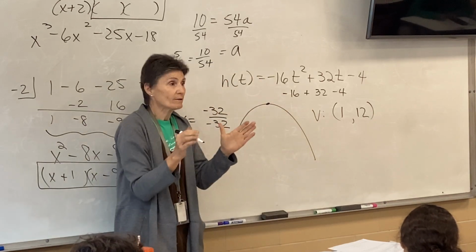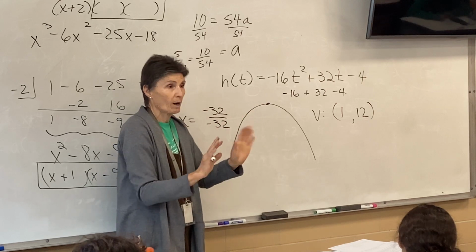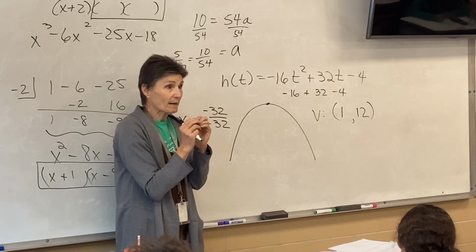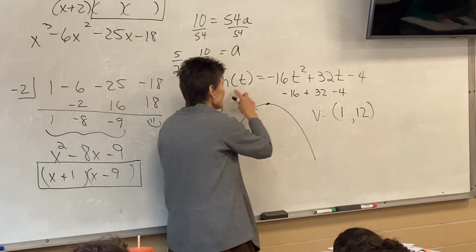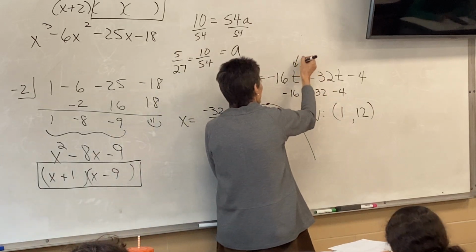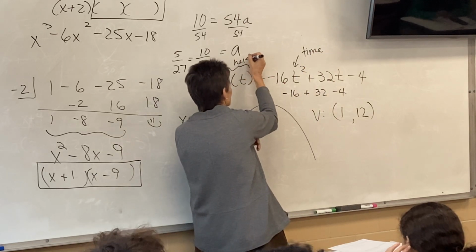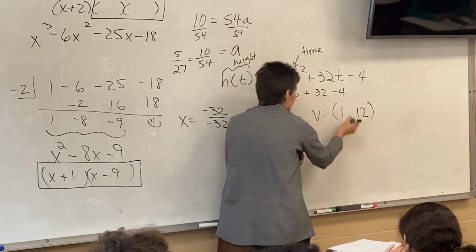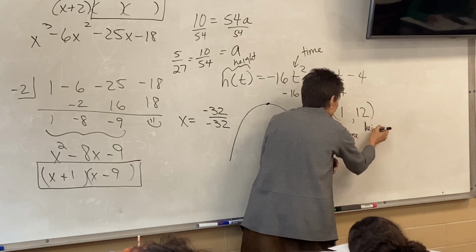Now, here's where it's a little different. That's exactly what you did before, negative b over 2a, no problem. But now, we gotta make sure we're answering the question. In the equation, this was the time, and this was the height. So this is the time, and this is the height.